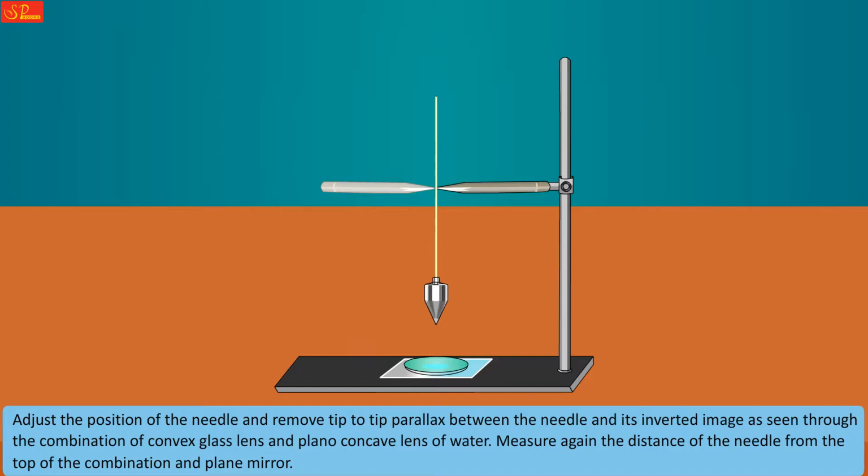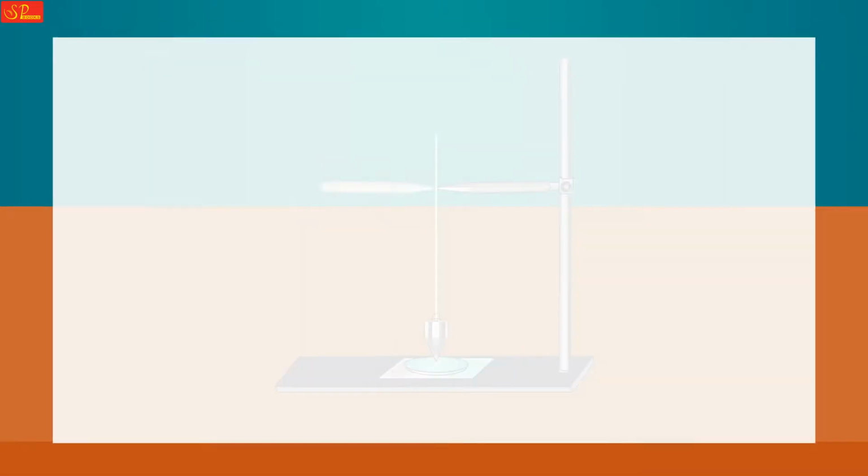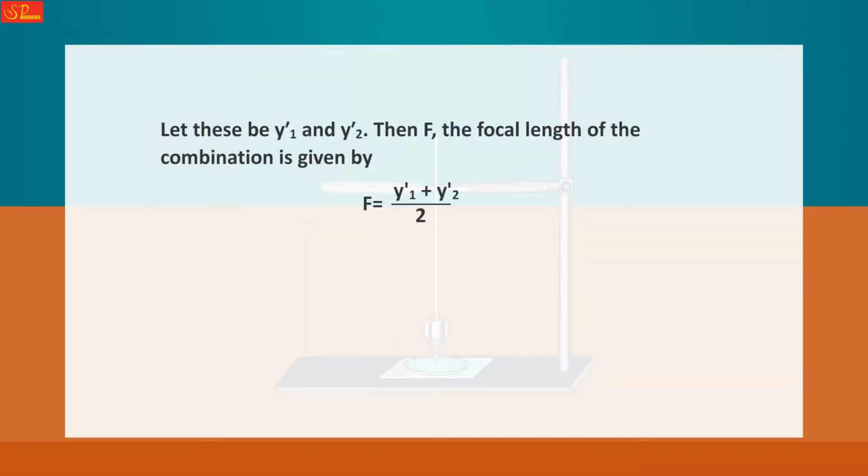Measure again the distance of the needle from the top of the combination and from the plane mirror. Let these be y1 dash and y2 dash. Then F, the focal length of the combination, is given by F equals y1 dash plus y2 dash by 2. Repeat the experiment 3 times to find the mean F.